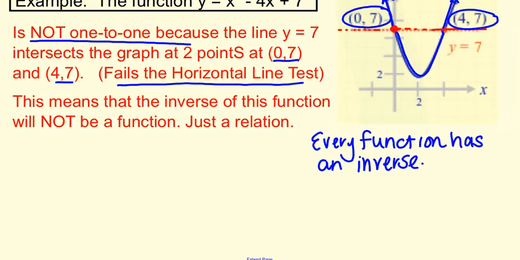What we get out is sometimes an inverse function and sometimes just a relation. So here is what's important. For this example, if we were to find the inverse of this parabola, this quadratic function, the inverse will not be a function. It'll just be a relation.